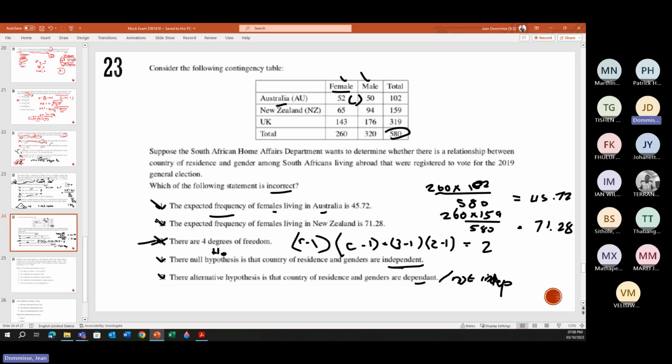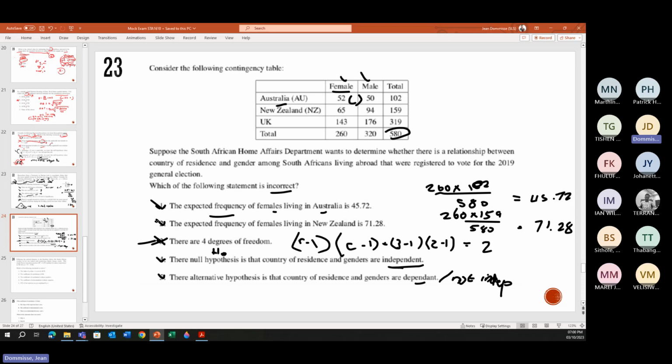It's not that long, but it is a minute or two that you could have spent elsewhere by going to the degrees of freedom first. So when you're in that exam, looking at the question, try to see if there's not an easier option to pick first.